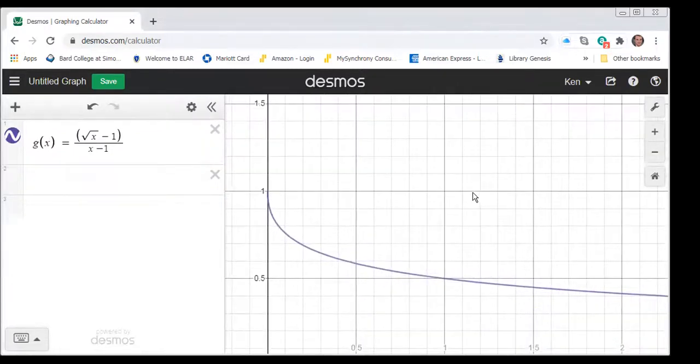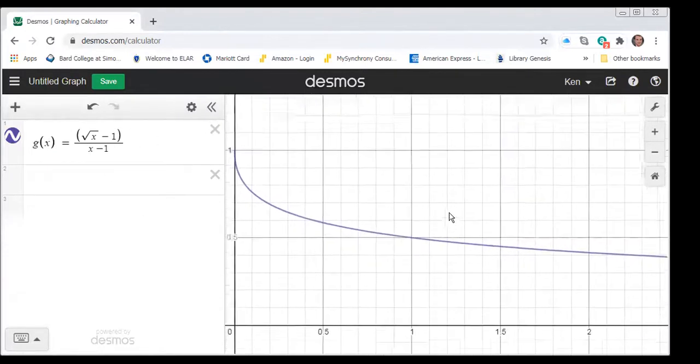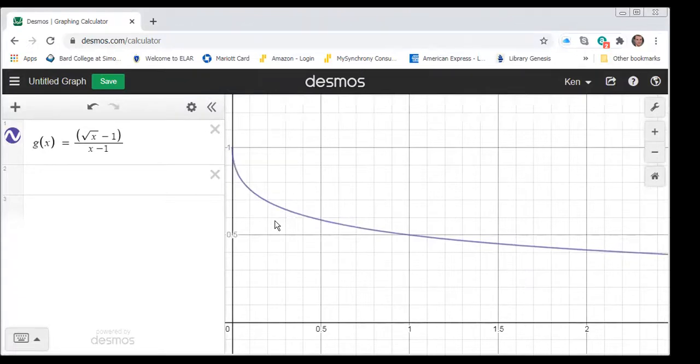This represents the average rate of change on the interval 1 to x, but even if we didn't know that, we still have this function, right? And you'll notice that if you try to just plug in the number 1, you'll have a bad time.